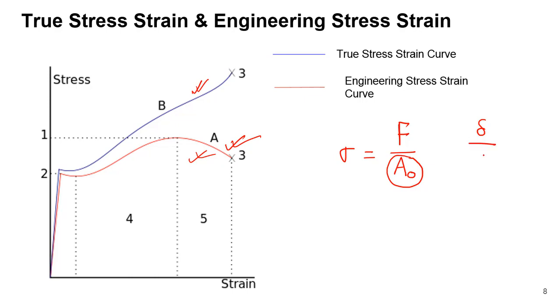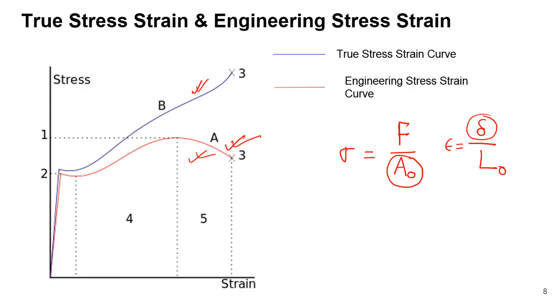Similarly, we considered all the strain, that means all the deformation, with respect to the initial length, which is not true, because at every moment the deformation is taking place with respect to the instantaneous length, not the initial length.